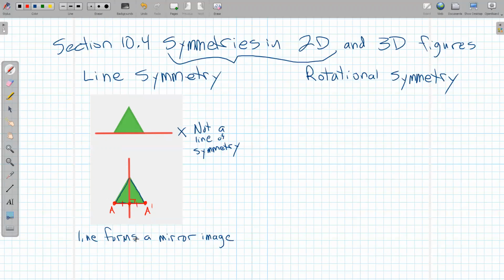So we have 2 ways to see if we have a line of symmetry. One, does it look like we have a mirror image on each side of the line? That's one test. And the second test is symmetric points. And the symmetric points have two properties. One, they're equidistant to the line.